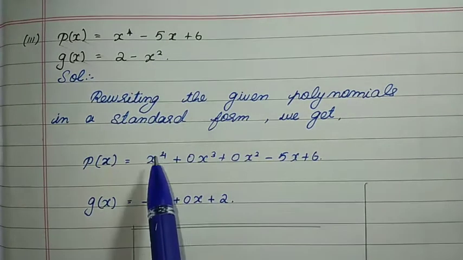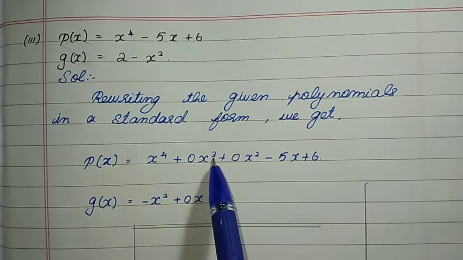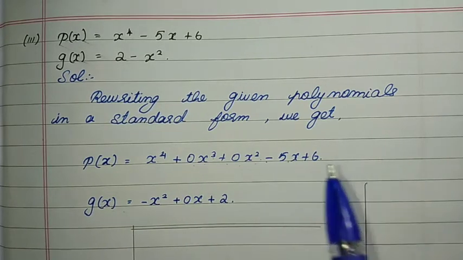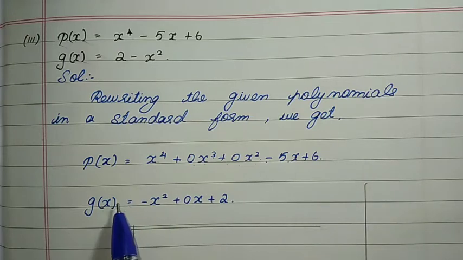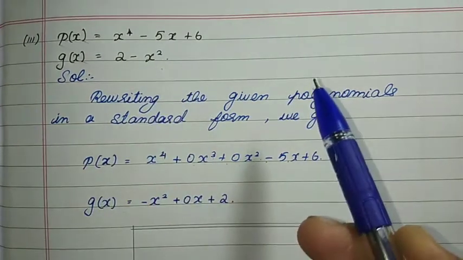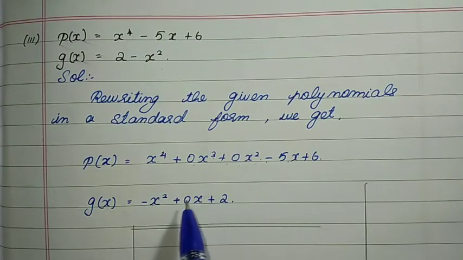So I have written x power 4 plus 0x cube plus 0x square minus 5x plus 6. We have to write this. And for g of x, only 2 minus x square is given. X is not there. So I wrote minus x square plus 0x plus 2.